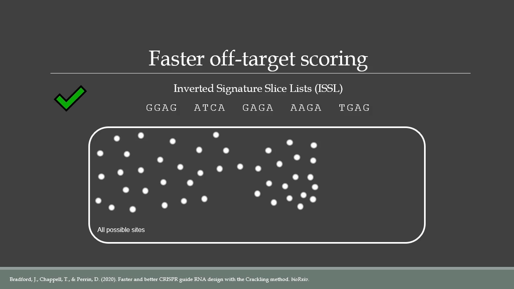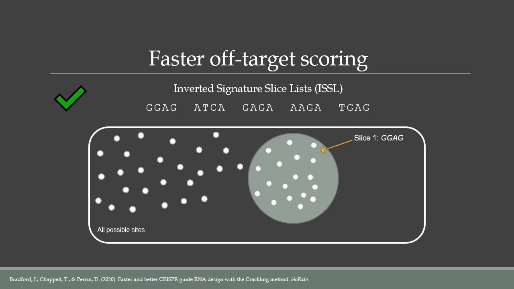If the candidate guide and a targetable site differ in 4 or less positions, then we'll consider that targetable site as an off-target. So let's look at slice 1, GGAG, and find all of those potential off-target sites. These are the ones that we find, and a subset of those are real off-targets.